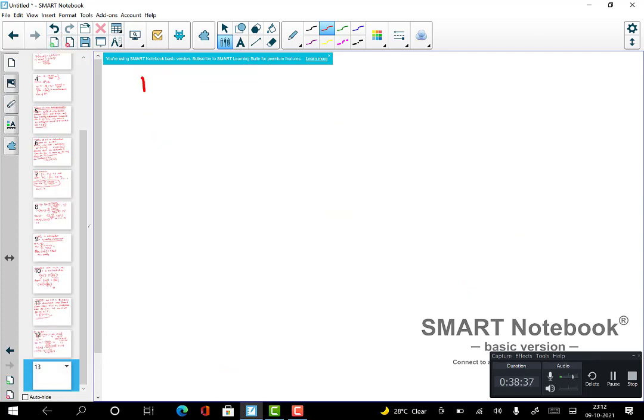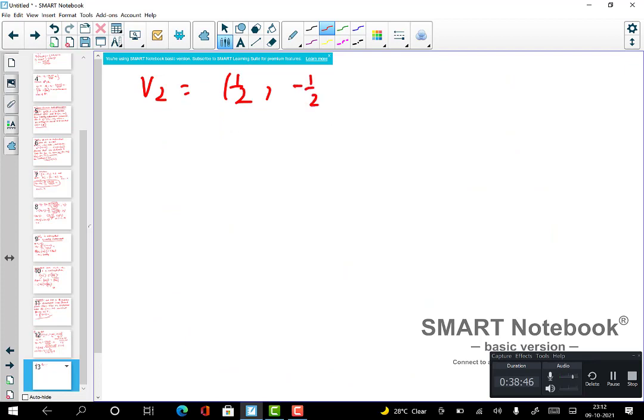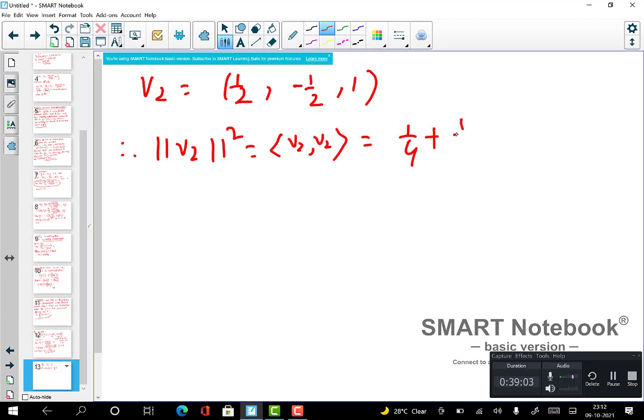So I now got my V2, which is nothing but half, minus half and 1. Then I can easily find out the norm of V2 square, which is the inner product of V2 with V2, and that gives half into half equal to 1 by 4, plus minus half into minus half equal to 1 by 4, plus 1 into 1 equal to 1, which is nothing but 1 half plus 1, which is equal to 3 by 2, okay?